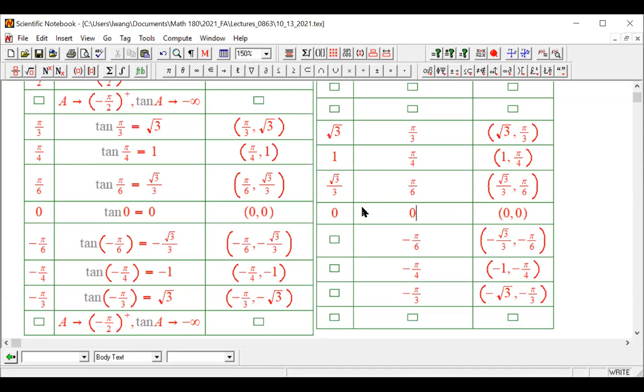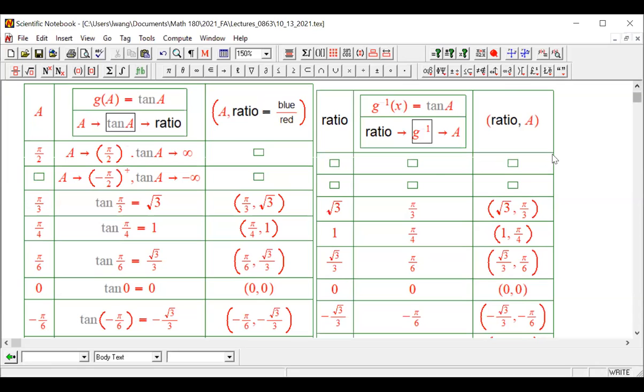Do you get it? And now this is a negative root 3 over 3. That was output, now becomes input. Negative 1, that was output, now is input. Root 3 was output at G and input for G inverse. Does everybody follow me? This is the implication of x swapping with y. We have swapped the domain. Now we're swapping points.